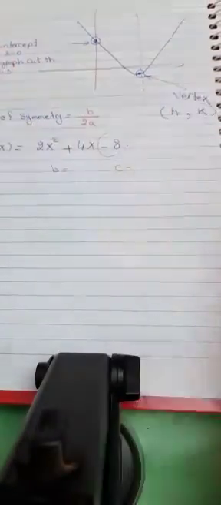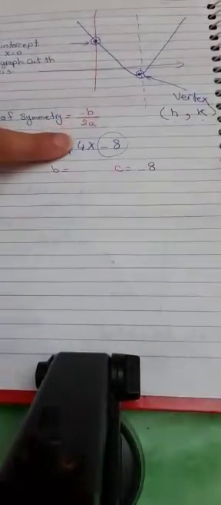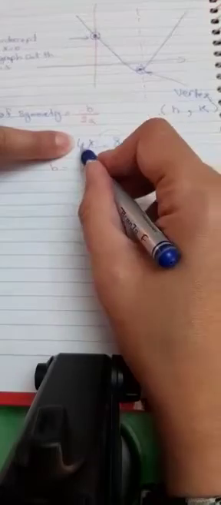The c is the y-intercept, the number without x. Then our c is -8. What about the b? The b is the number beside the x to the power 1, so it equals 4. What about a? A is the number beside the x squared, which is 2.